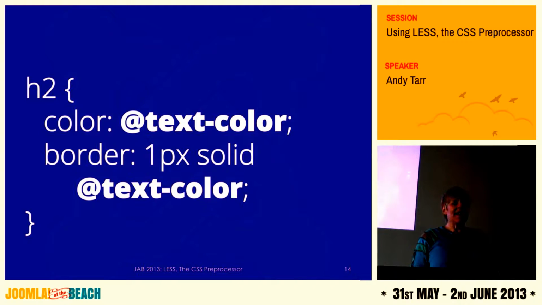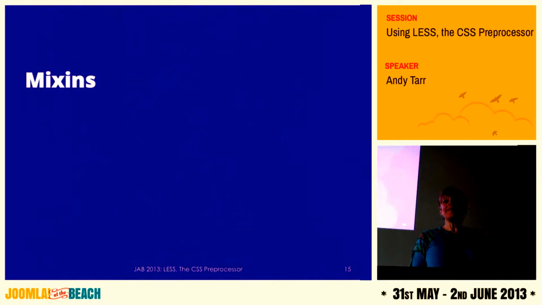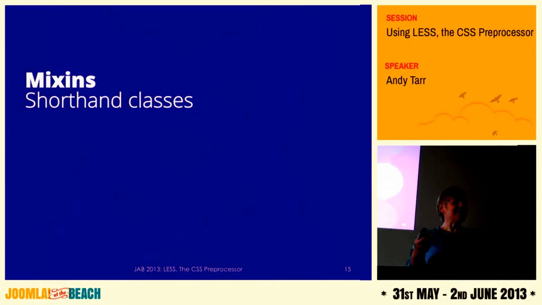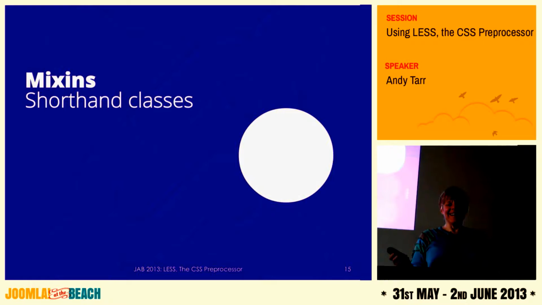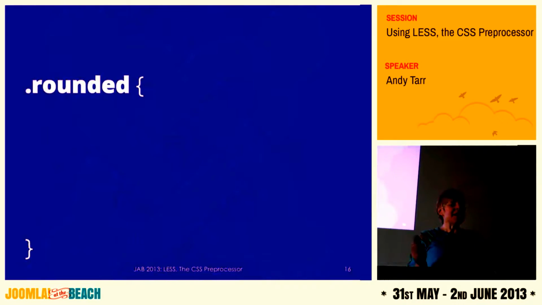Another thing that it has is these things called mixins. And you can kind of think of these as shortcuts. So let's say, my little dot here, because they look just like classes with the dot in front of it. We don't need to do this quite as much anymore for two reasons.